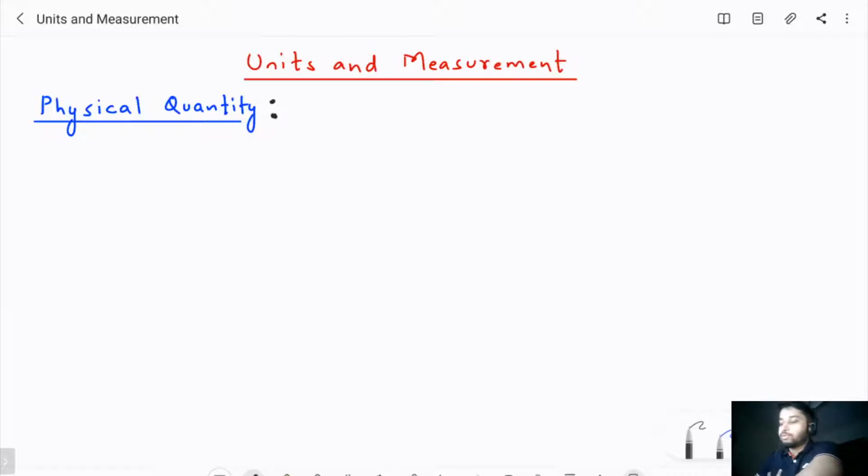Physical quantities are basically the quantities by means of which the laws of physics are described.